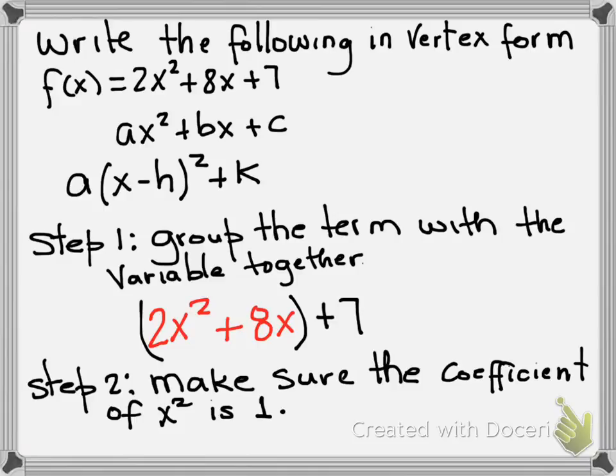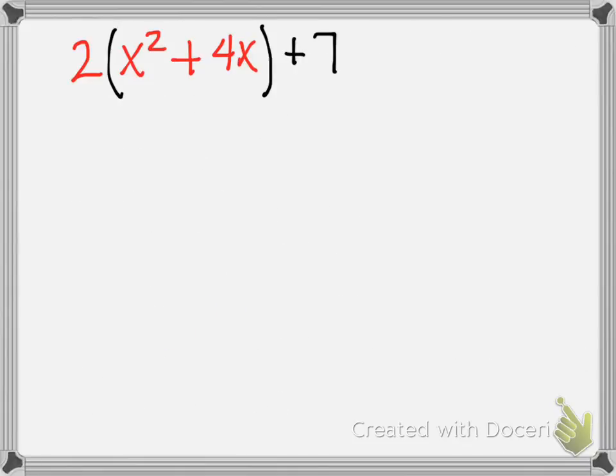Do they have the x also in common? I'm not taking the GCF out. I just want to make sure the leading coefficient is 1. So what I'm talking about here is this.